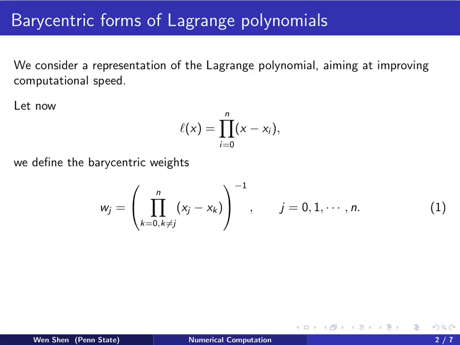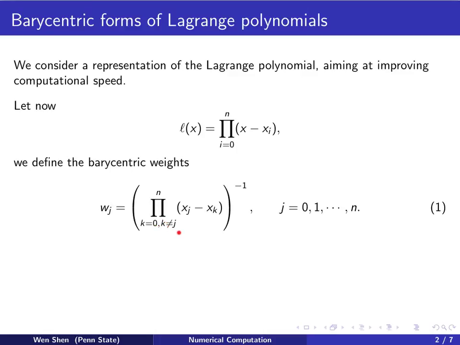And now we define something called the barycentric weights. We call it Wj. There will be n plus 1 such weights for j running from 0 to n. So Wj's in the end, they are just numbers. They are computed as the following.